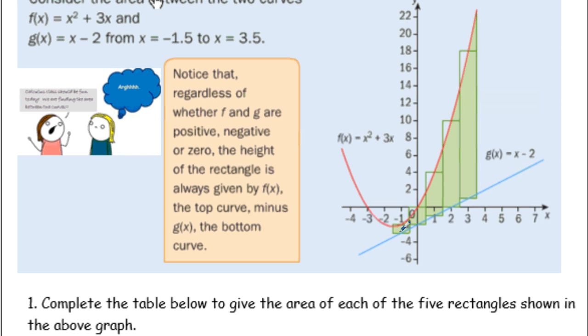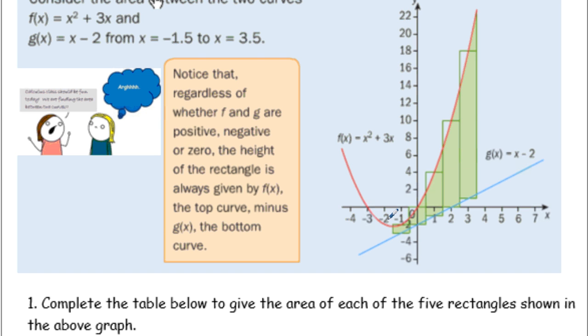If you sub in negative 1 into here, what's negative 1 squared? 1. 1 plus 3 times negative 1? Negative 3. 1 plus negative 3 is negative 2. So see how this point here corresponds with negative 2?